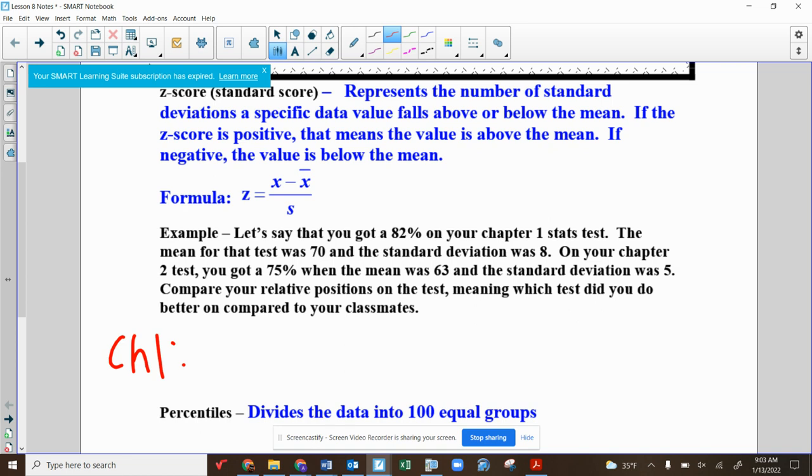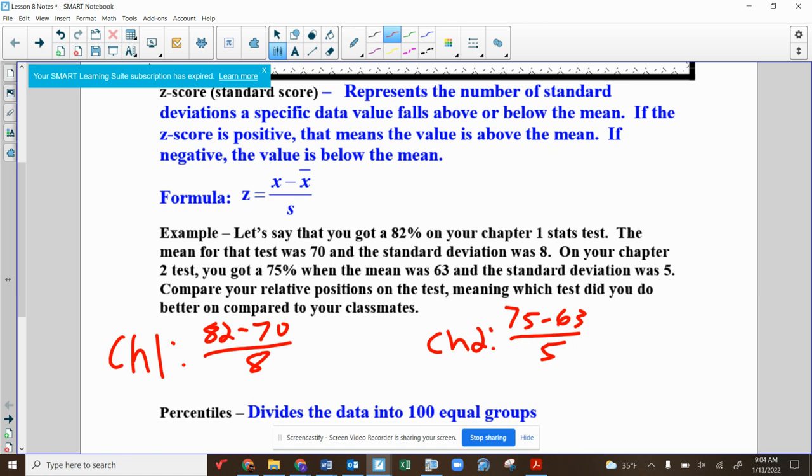On the chapter 1 test, you got an 82%, and the mean was 70, and the standard deviation is 8. And in the chapter 2 test, you got a 75, and the mean was 63, and the standard deviation was 5. Which one did you do better on?